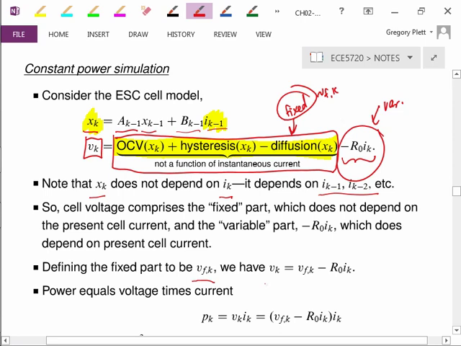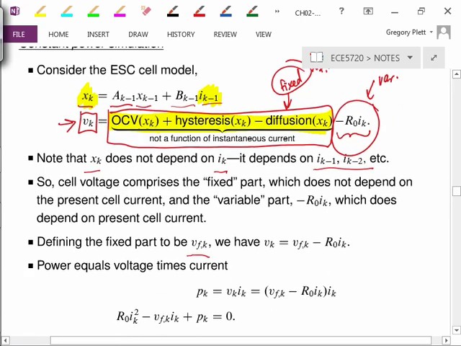We're going to see how helpful that is in just a minute, but without that, it would be very difficult for us to compute a value of current that gives us a constant power or a constant voltage, because we would have to solve this equation for I in order to get a desired voltage. And if the fixed part wasn't fixed, that would be more challenging. Let's proceed and look at that.